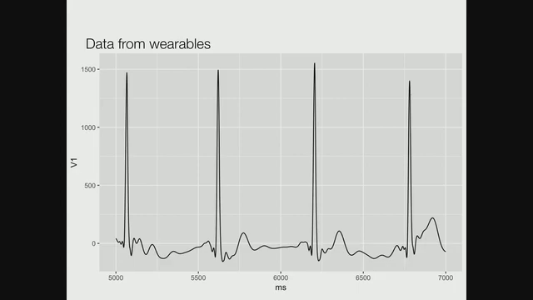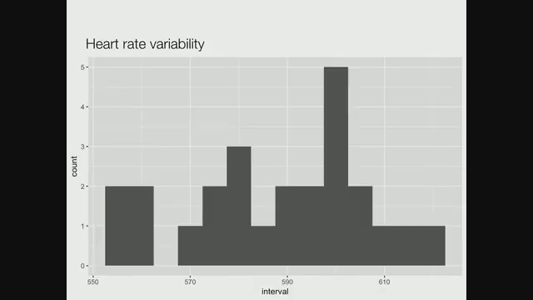This is my heartbeat from my watch. You can actually download the stuff and put it in your favorite analysis engine and take a look. So here I was running across the Harvard Bridge, and if you look at my heart rate variability over the 30 seconds or so, you see that the interbeat interval ranges from about 550 to about 620 milliseconds.